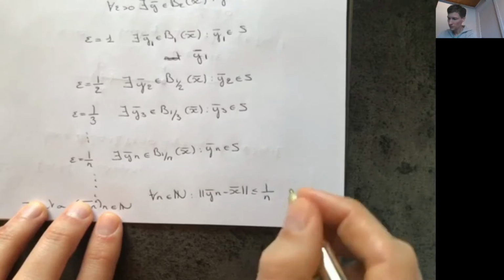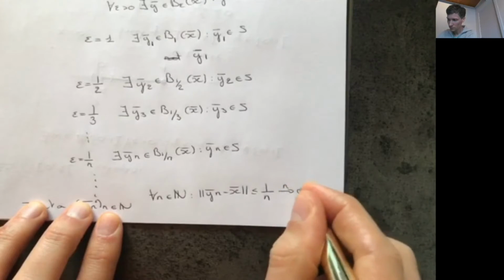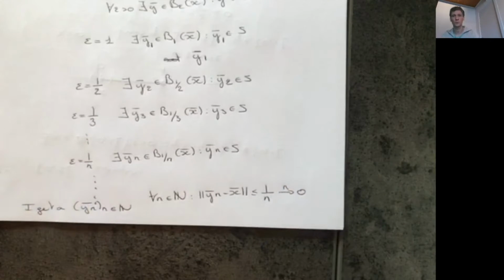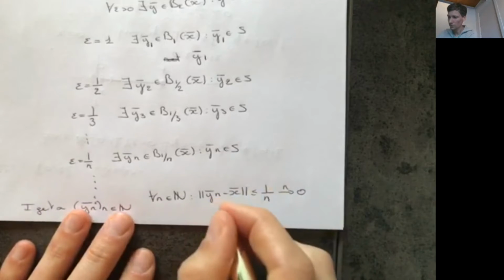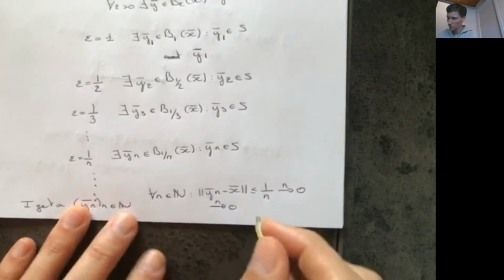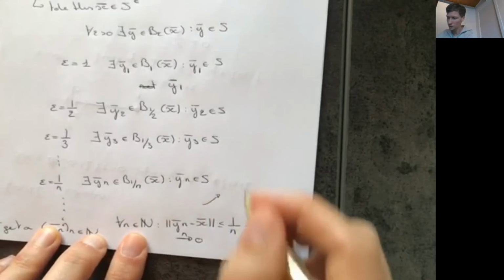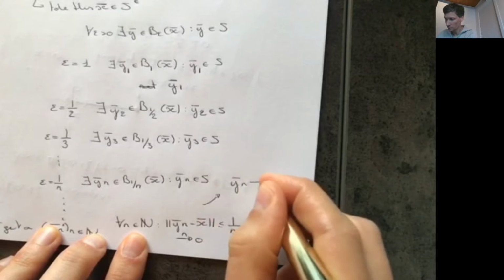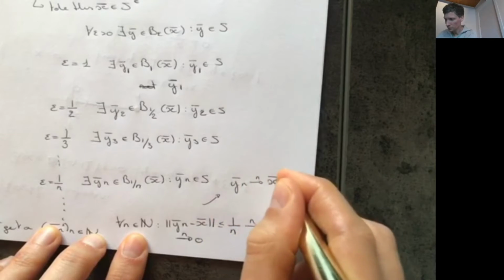So if n goes to infinity, we know that this goes to 0, since the sequence 1/n goes to 0. So by the convergence lemma, I know that yn, this sequence, converges to x.